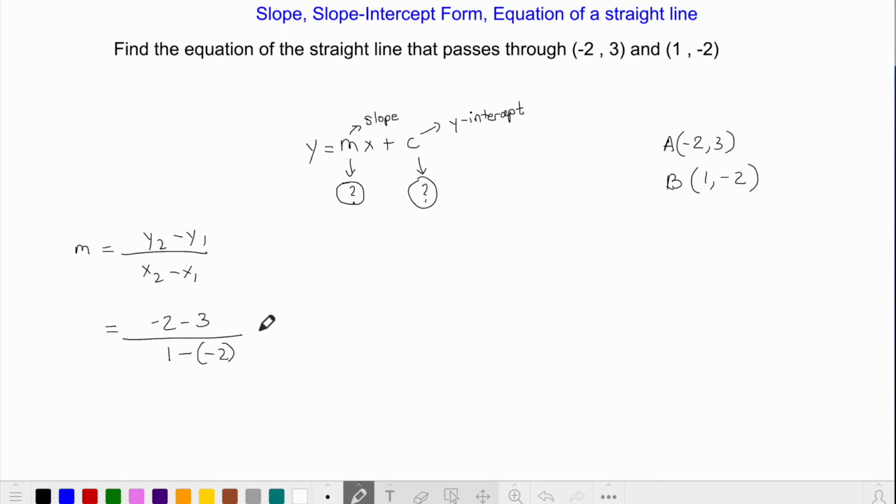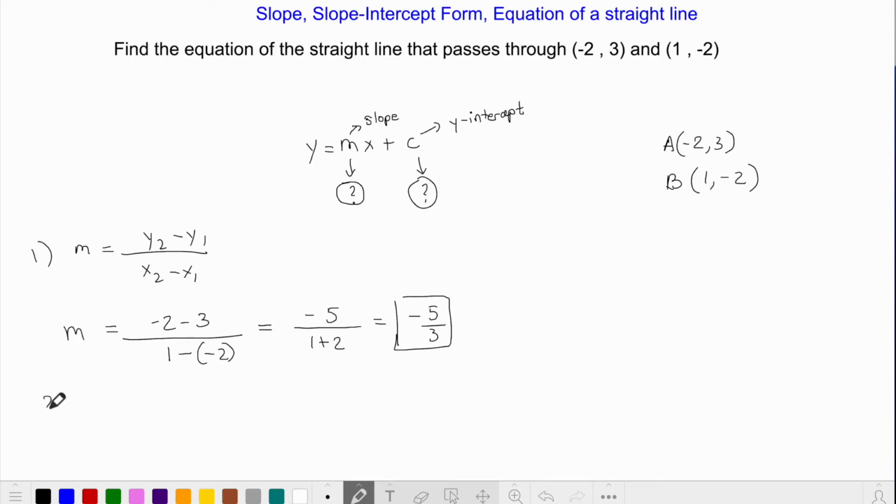In that way, it helps me to clarify the signs and avoid mistakes. So -5 here, and 1 plus 2, plus here because it's negative, it becomes positive. So that is -5/3. That's the slope of the line, and that's the first step.